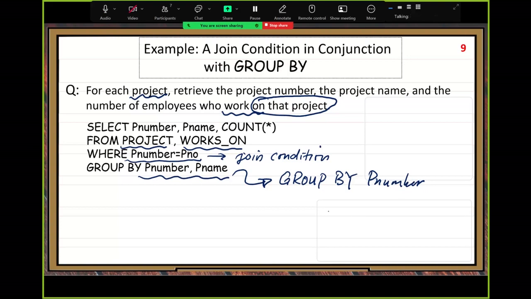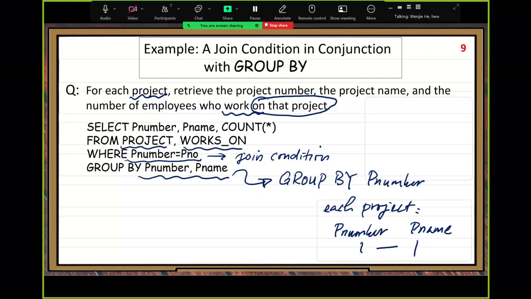Because for each project, there is one P number, right? One project number, and one project name, right? So that's one-to-one correspondence.